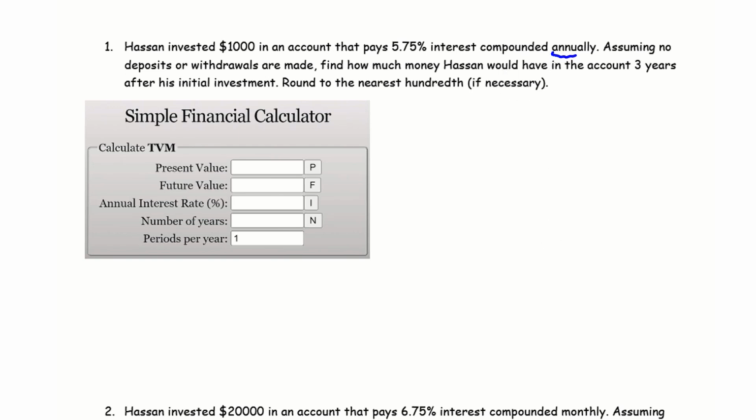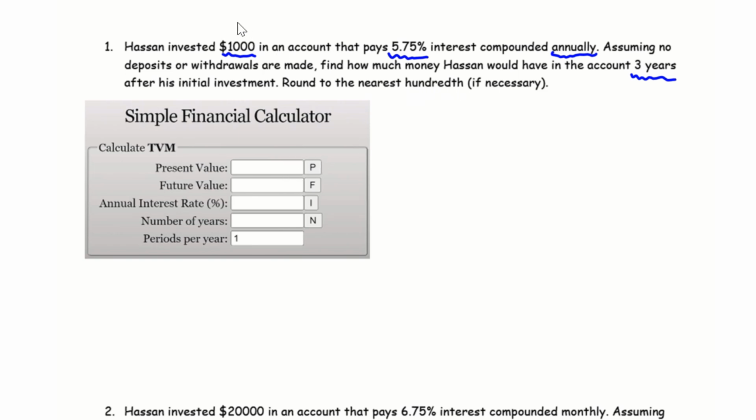It means once per year. So 5.75% is our interest rate, and this is 1,000. Assuming no deposits or withdrawals are made, find how much money Hassan would have in the account 3 years after his initial investment, rounded to the nearest hundredth.